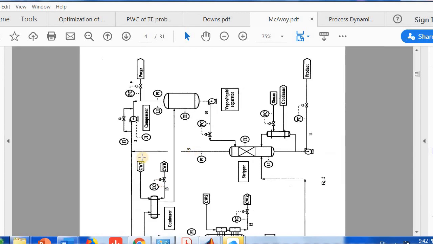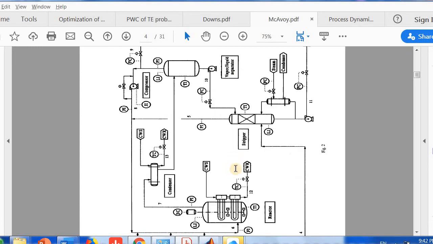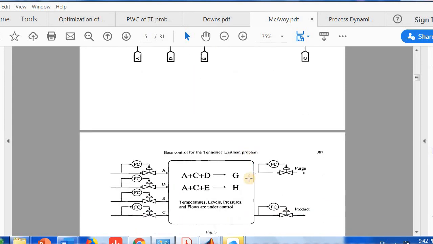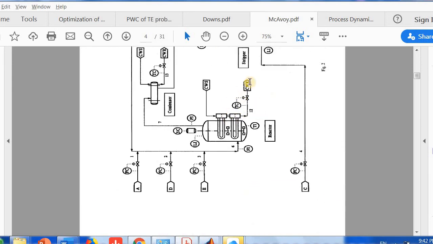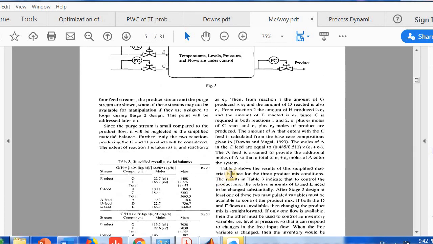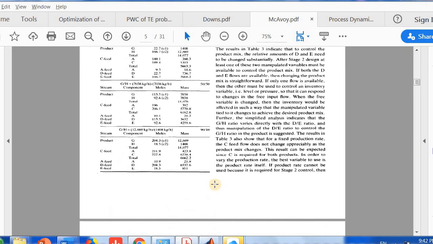McAvoy is showing you that he had done control, so you can have a look at the control system of McAvoy. You see a feedback loop for all the inventories, and then he goes on with what's inside. He has a temperature controller as well. It is beautiful to look at.